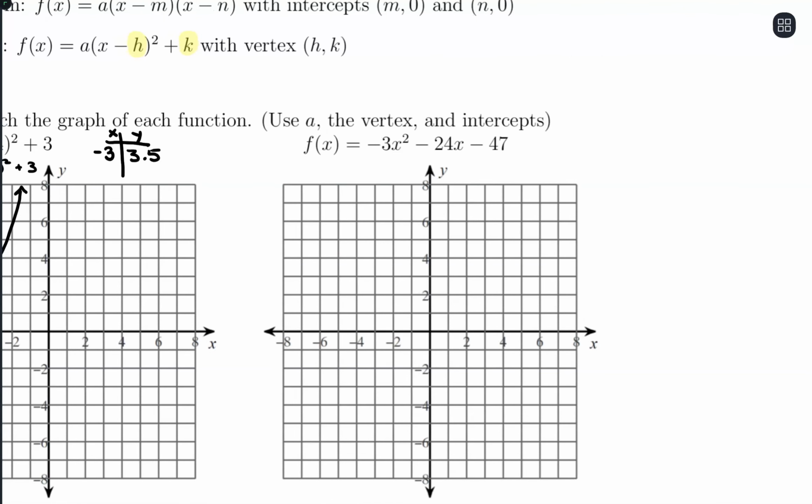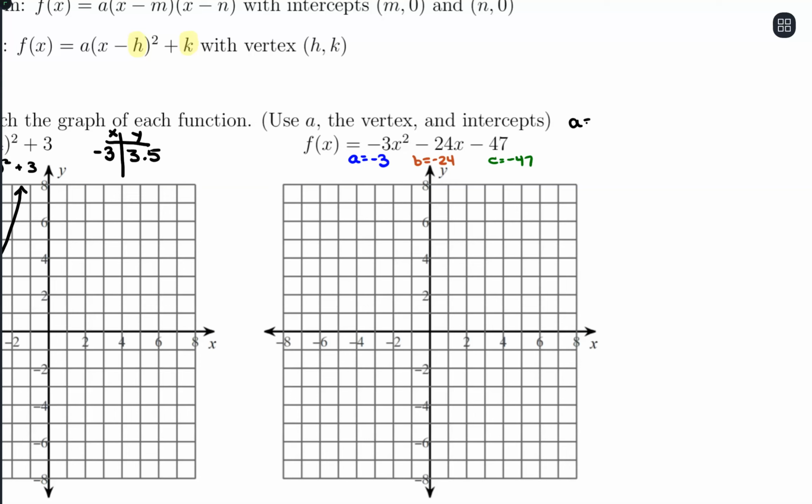Okay, so what if we're given -3x squared minus 24x minus 47? Here we are working with something in standard form. So A is -3, B is -24, C is -47.